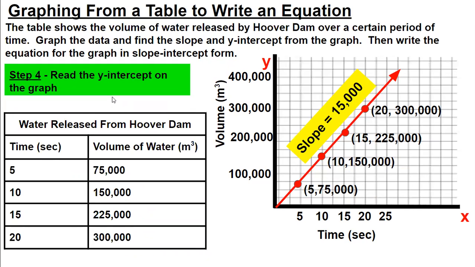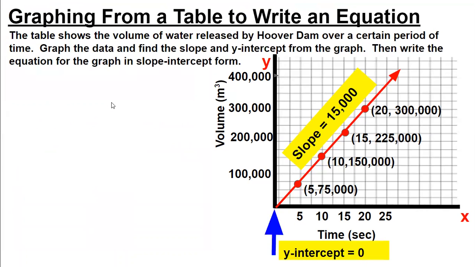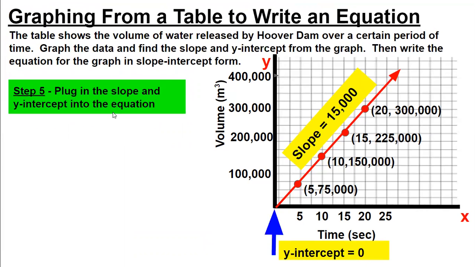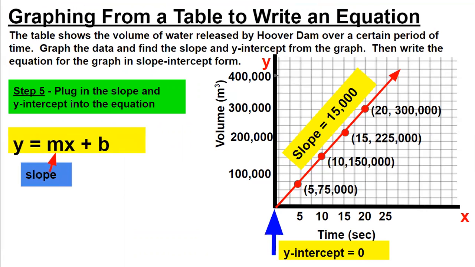Now we have to read the y-intercept on the graph. Well, where is the y-intercept? Yes, it's at 0, 0. There it is. There is no y-intercept other than 0. So now we have to plug the slope and the y-intercept into the equation. y equals mx plus b. m is your slope. b is your y-intercept.